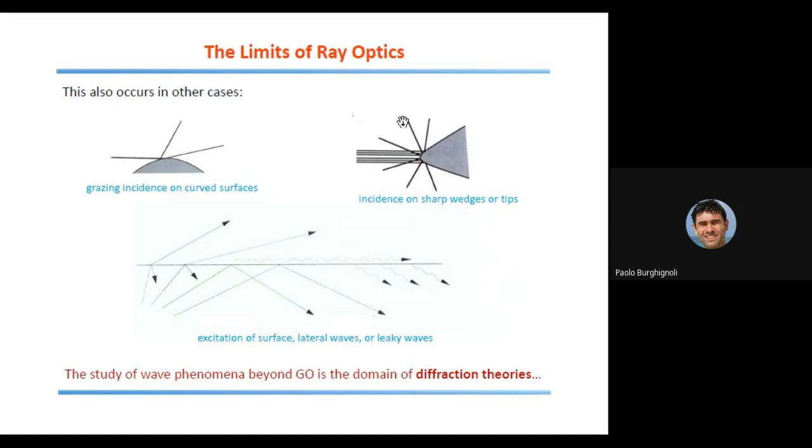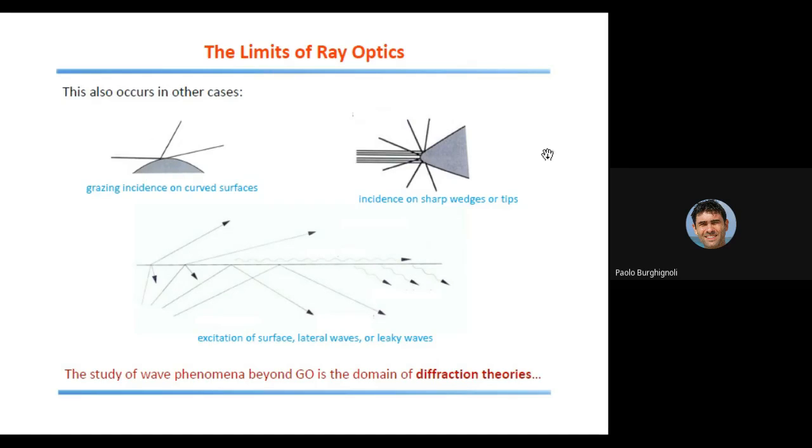In those cases, like in the case where you are impinging on a planar interface, different phenomena may occur, which are generally called diffraction phenomena. By definition, diffraction, as Arnold Sommerfeld defined it, is everything which goes beyond ray optics.